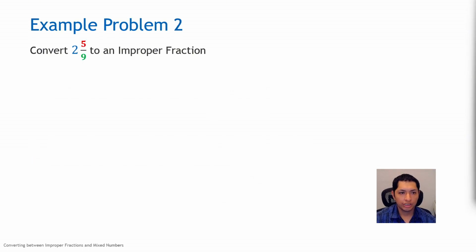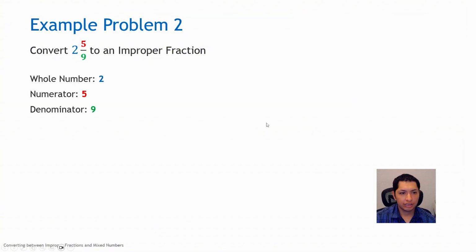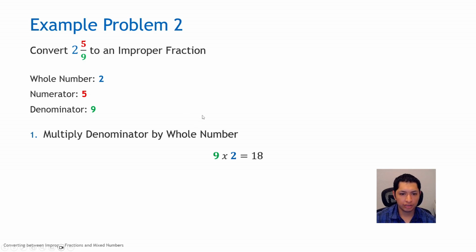Problem number 2. Let's convert 2 and 5/9 to an improper fraction. I have color coded them for easier reference, but let's label them. The whole number piece is 2, the numerator is 5, and the denominator is 9. So we follow the steps of converting to an improper fraction, which is, first we multiply the denominator by the whole number, which is 9 times 2, which gives you an answer of 18.